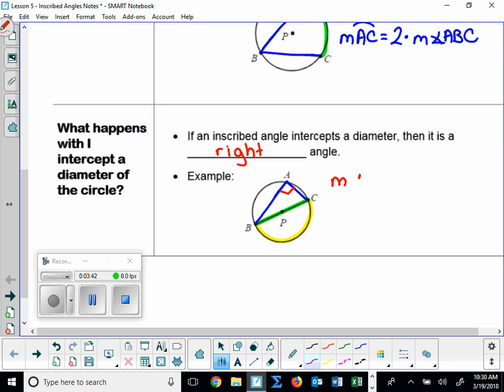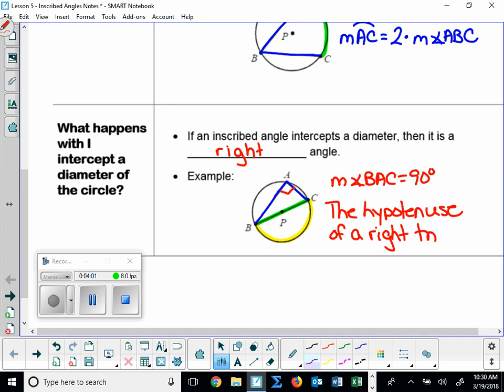The measure of angle BAC is 90 degrees. Right? The hypotenuse of a right triangle is the diameter of the circle.